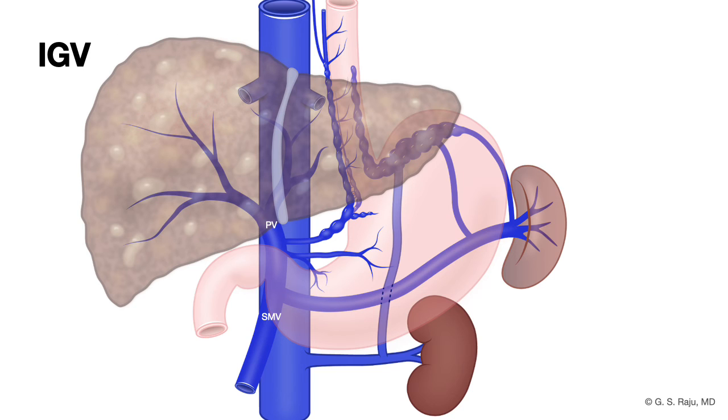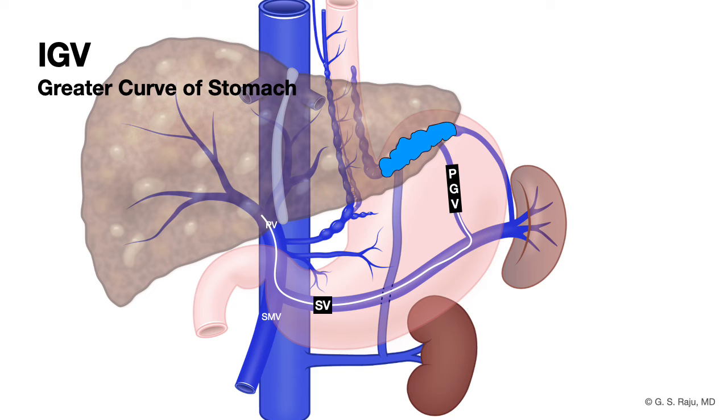How about isolated gastric varices? Isolated gastric varices are present on the fundus of the stomach along the greater curve, as you can see here, and they are supplied from the portal vein via the splenic vein through the posterior gastric vein. That's one route.